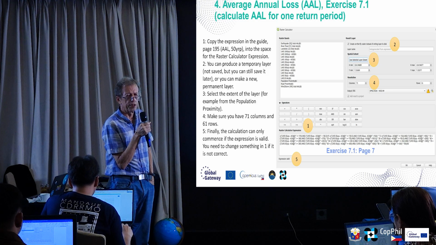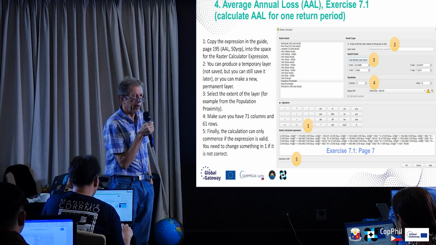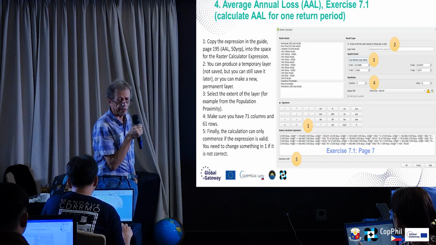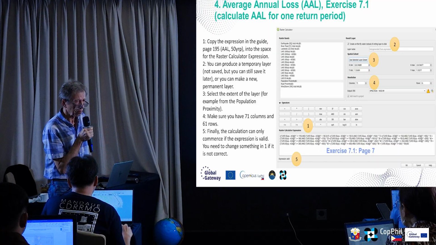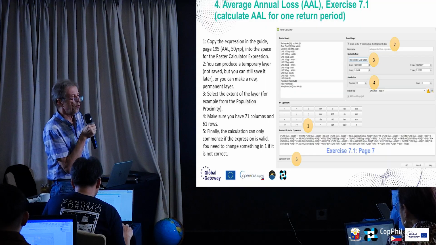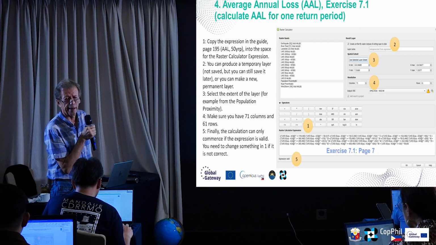You can type that in yourself, but chances are that you are making mistakes, and it's actually quite a bit of work. And you can copy it from the guidelines.